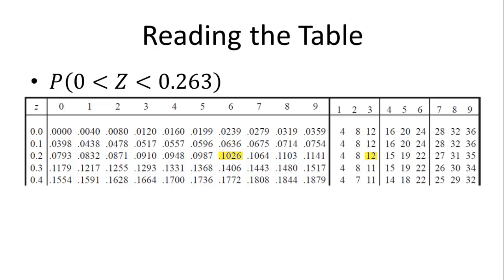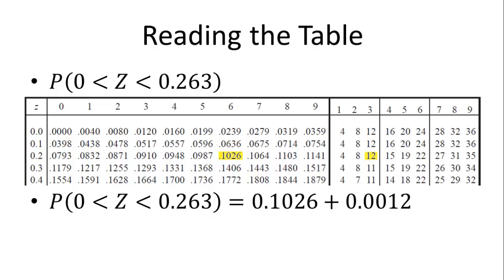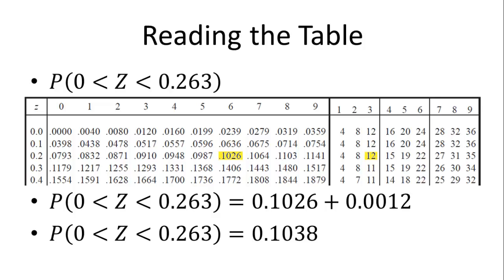We're looking for 3 as the next digit. You see 12 there. We have to add that onto the end. So the probability is 0.1026 plus 0.0012. We're adding that 12 just to the last 2 digits. We add those together, and we get the probability that z is between 0 and 0.263 is 0.1038.